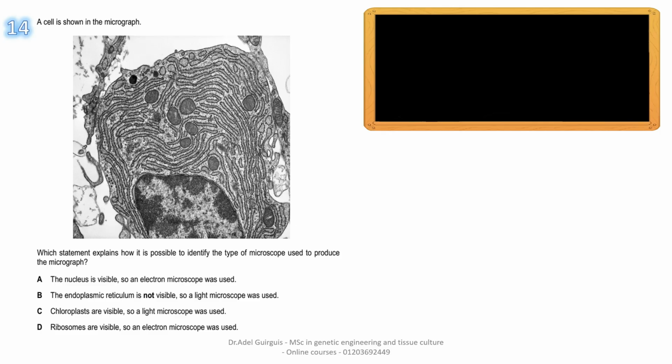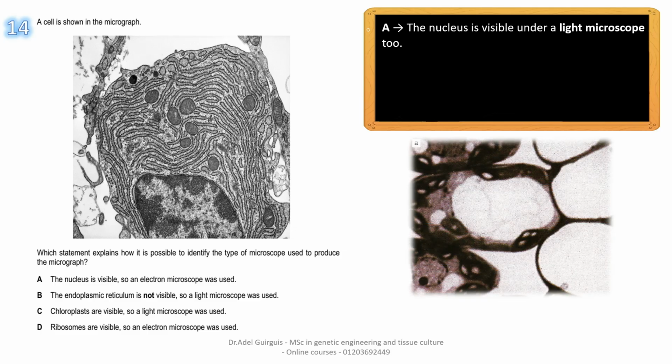Okay, which statement explains? Letter A, the nucleus is visible under a light microscope also. Look at this figure, where the nucleus is visible and even its nucleolus is also visible by using a light microscope.